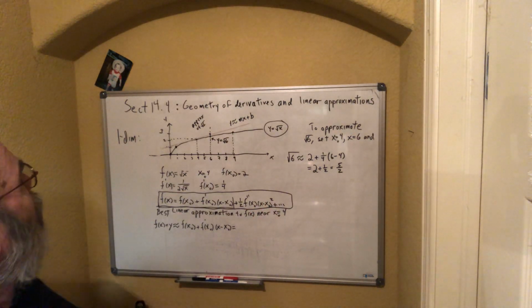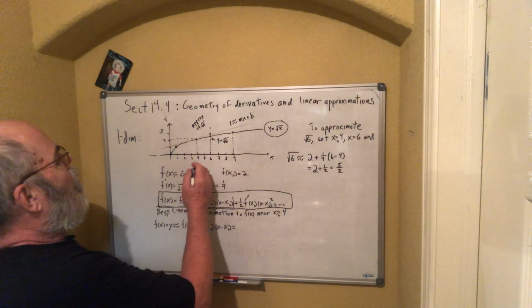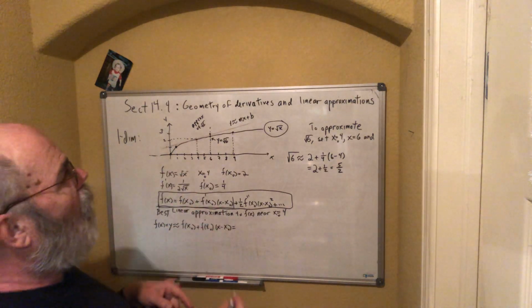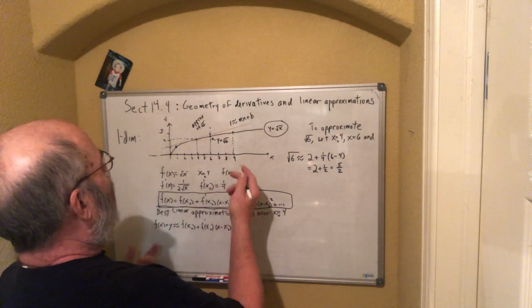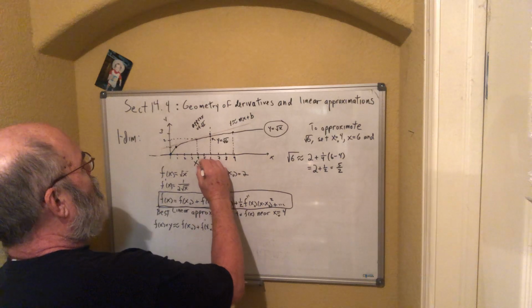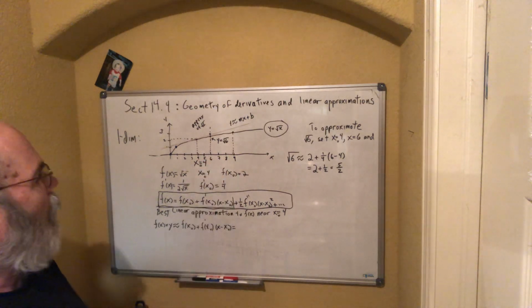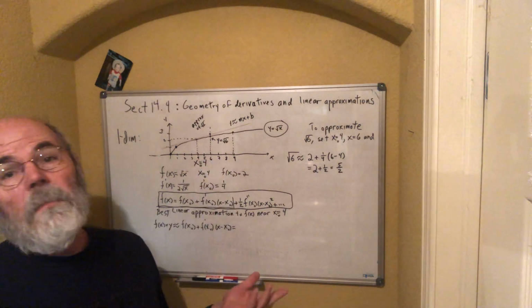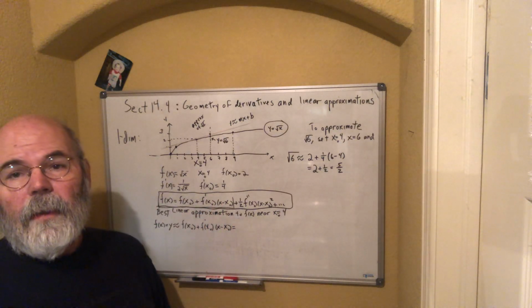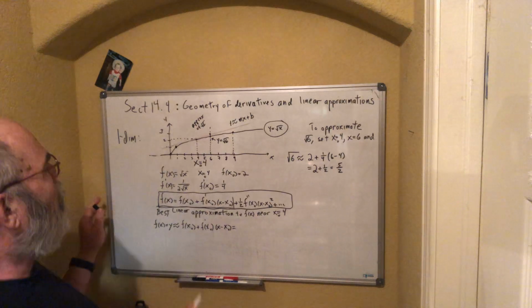So anyway, I've drawn the picture here focusing on the point 4. We're taking our point of expansion, which we'll call x naught, and that will be 4. It doesn't really matter which of these you use, but that's a nice one right in the middle of the picture so we can see it.